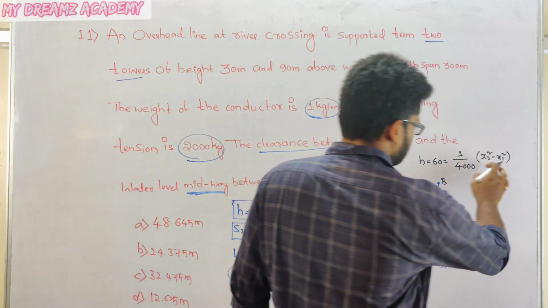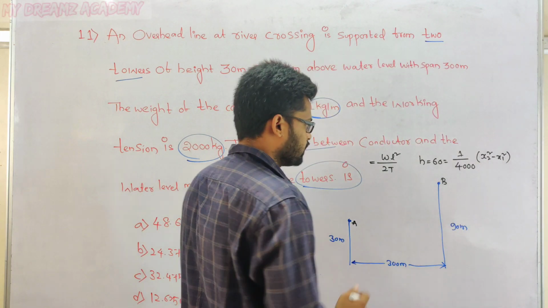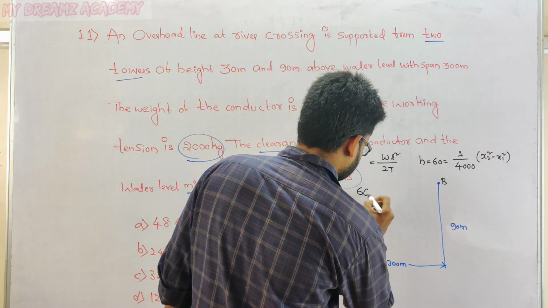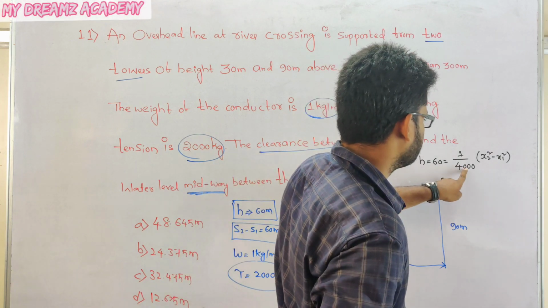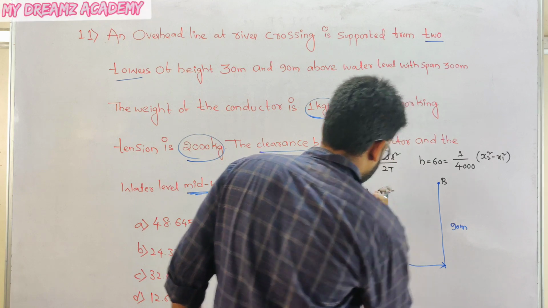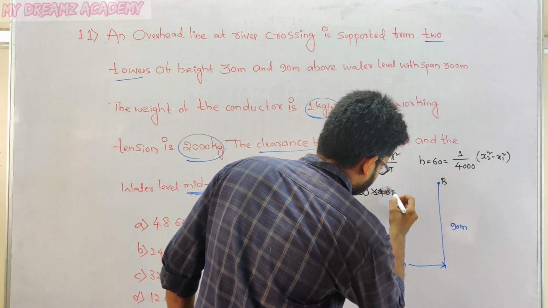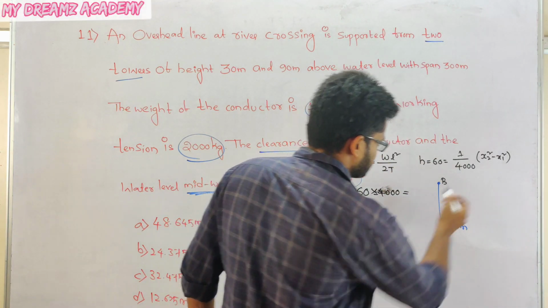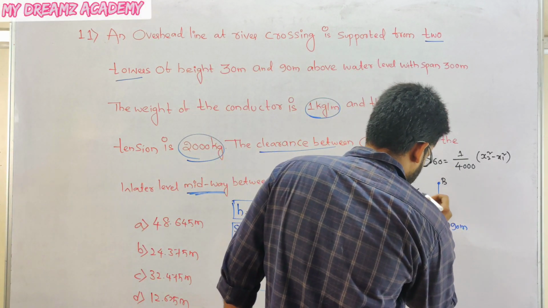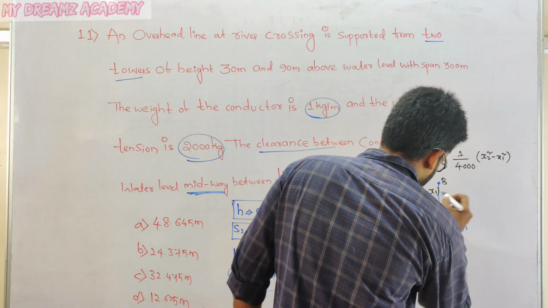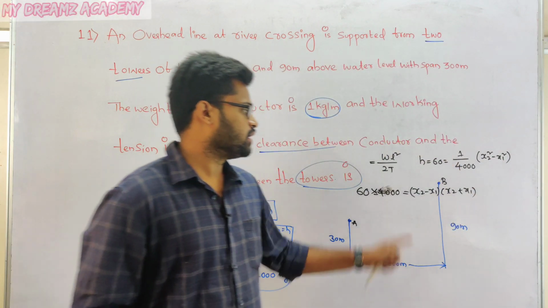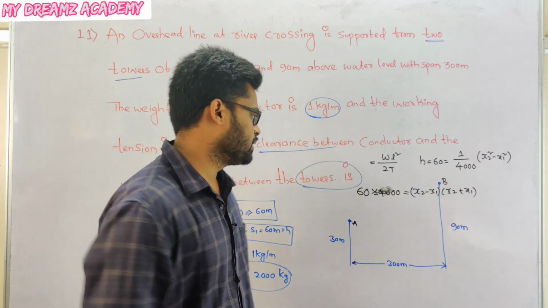Okay, that is how we are finding the length. Now this will give 60 into 4000, which is equal to x2 square minus x1 square, that is x2 minus x1 into x2 plus x1, since a square minus b square is a plus b into a minus b.